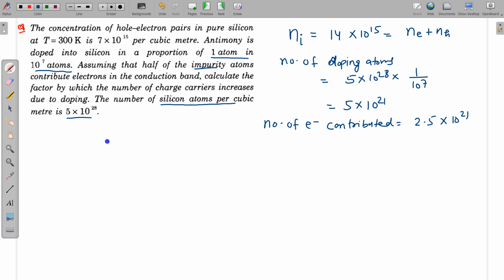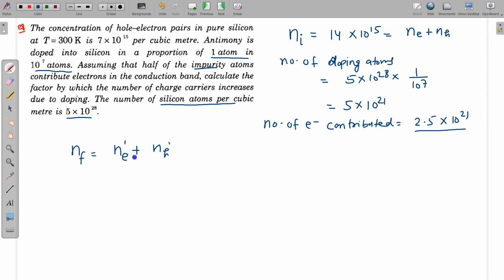Now what is the total number of charge carriers? Let's say this is n final, and this is equal to the new number of electrons plus the new number of holes. Now we can say in these situations the number of electrons contributed by this is much larger than the number of electrons due to the broken bonds.